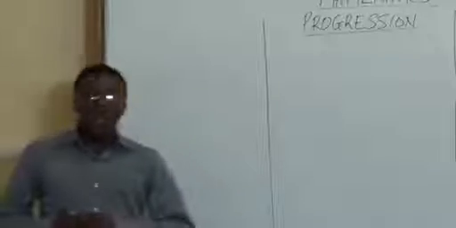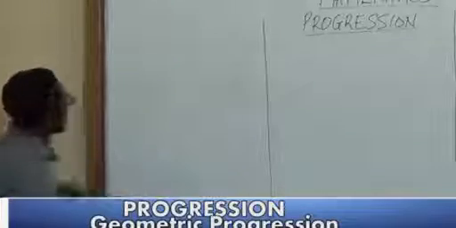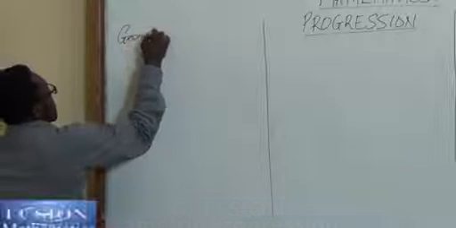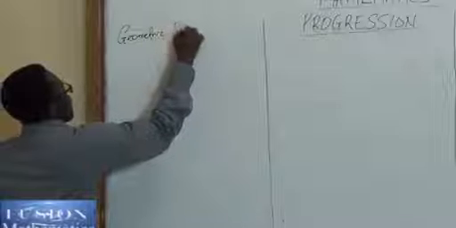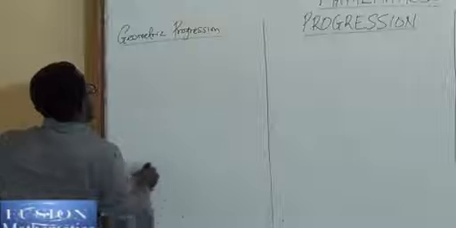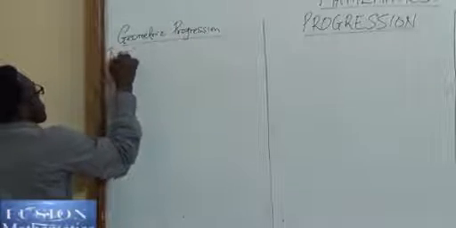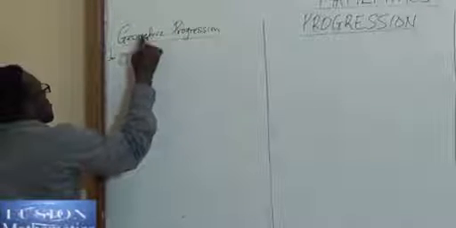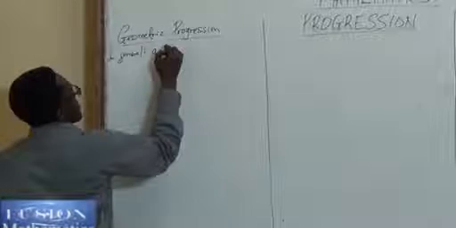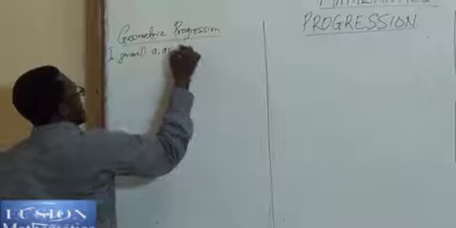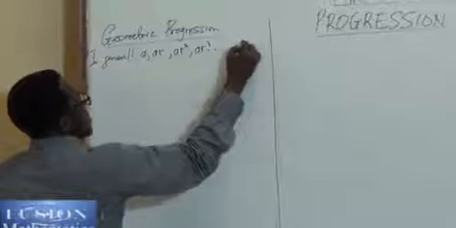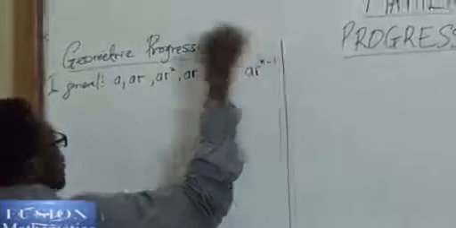Now let's look at geometric progression. In general, a geometric progression is represented by a, ar, ar squared, ar cubed, all the way to ar to the n minus 1.